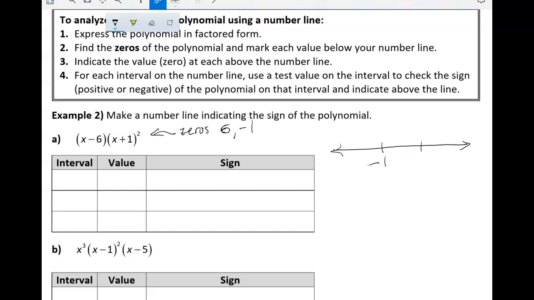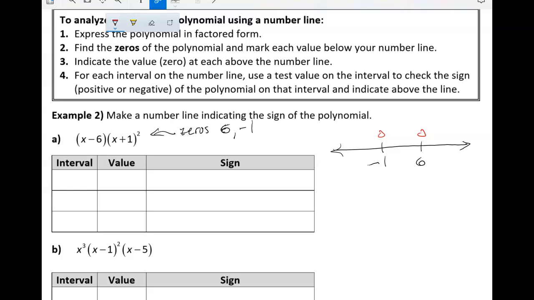So I'm going to mark those off on my number line, put the x values below the number line. Above the number line, we're going to write what each of those values does to the value of the expression. Well, we just said it. Each of those values makes the expression 0. On the top of the number line, we're going to indicate what the value of the expression is.